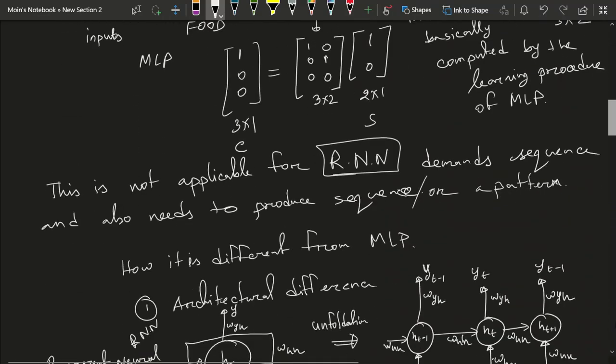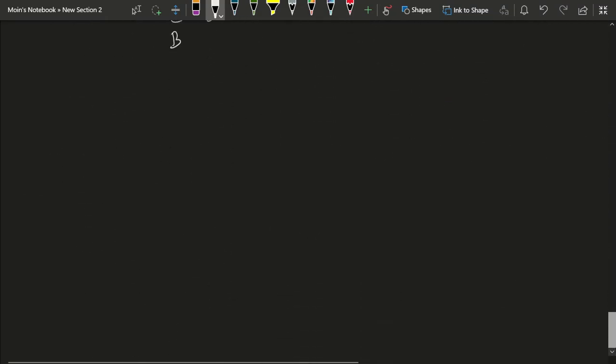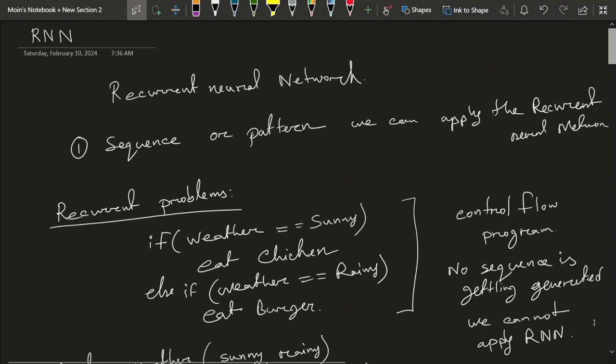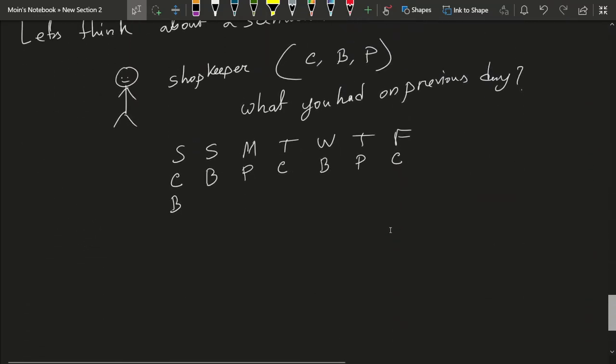The shopkeeper always tries to maintain this sequence: if he provides chicken, then he moves to burger; if he provides burger, then pizza; and after pizza it goes back to chicken. So he maintains this food item cycle. There is a sequence pattern, right? After chicken there will be burger, then pizza, and after that the cycle repeats.